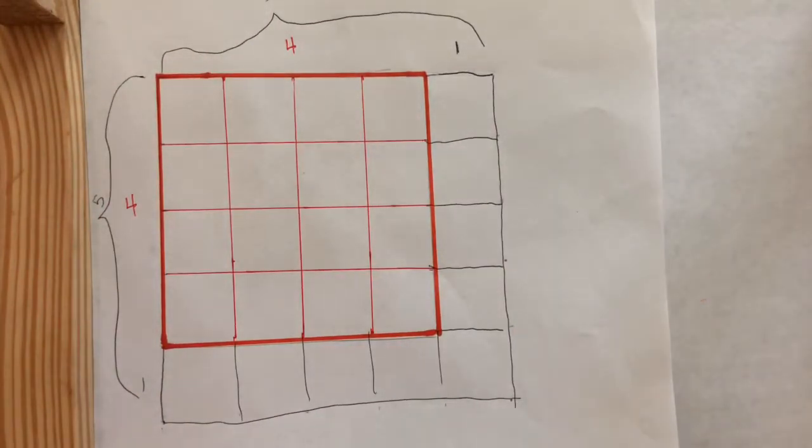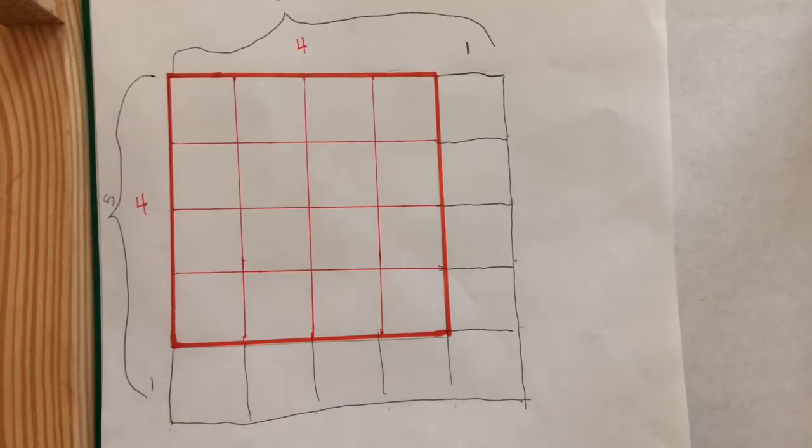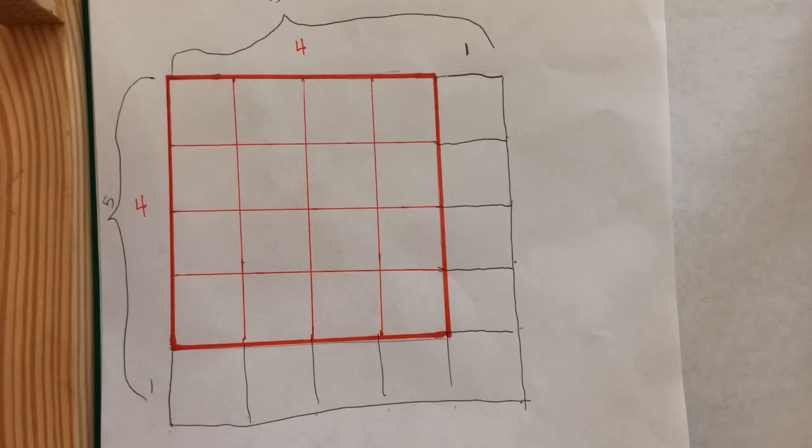So I would say that I have 5 times 5, and this whole square would be 25. 25 squares. And so that's how your elementary school teacher probably talked to you about how you would multiply and how you could make a perfect square.